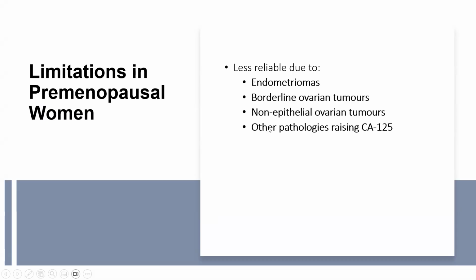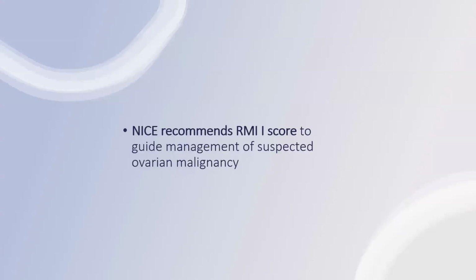And other pathologies which are not ovarian in origin, like peritoneal disease, adenomyosis, or even fibroids, this can be raised. If one is suspecting ovarian malignancy, then NICE recommends the RMI 1 score to guide management.